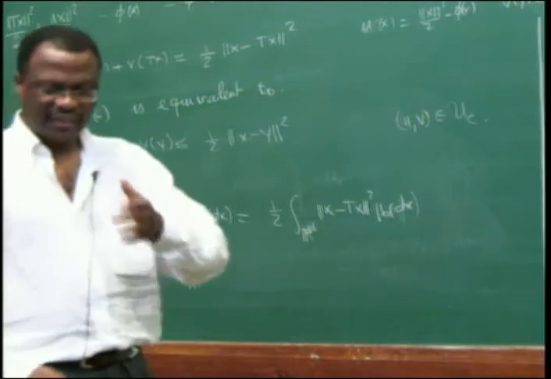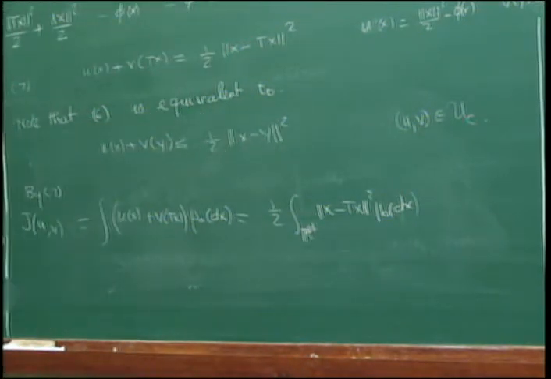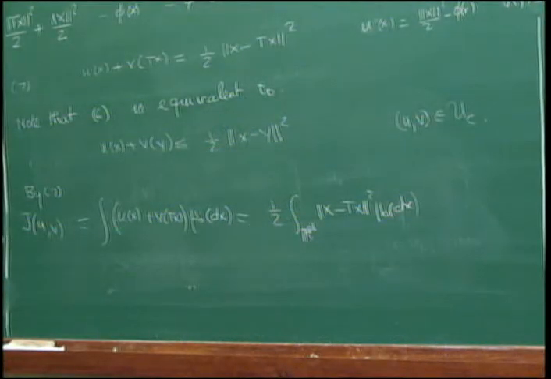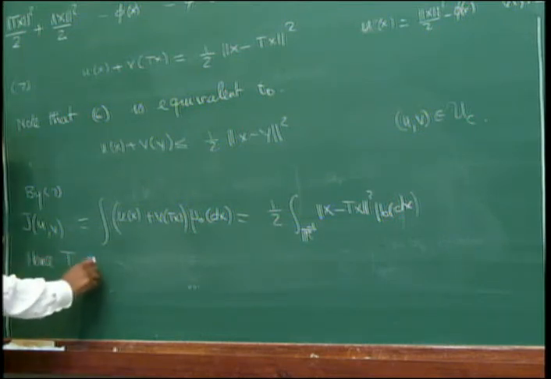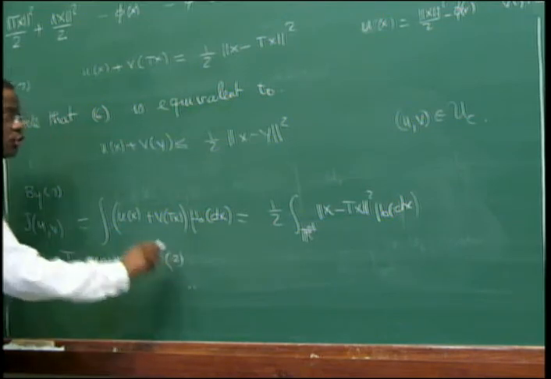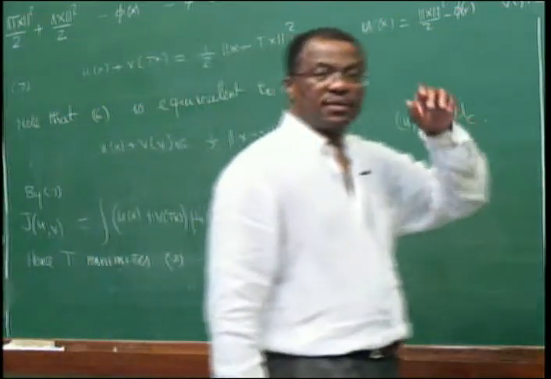So as I've been saying several times, the graph of J is below the graph of the Monge cost. Therefore, if they intersect somewhere, it means that at this point we have a minimum for the Monge cost. Hence, T minimizes equation (2), which is the Monge problem.